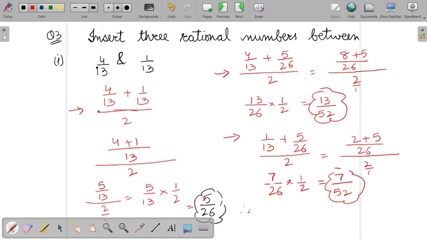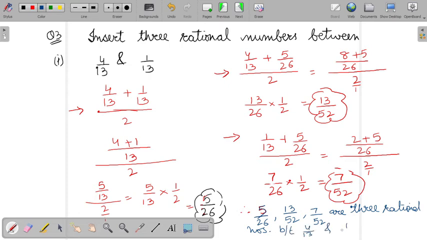So therefore, what should be the answer? 5 by 26, 13 by 52 and 7 by 52 are the three rational numbers between 4 by 13 and 1 by 13.